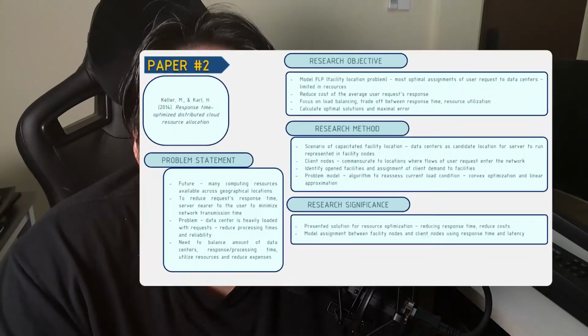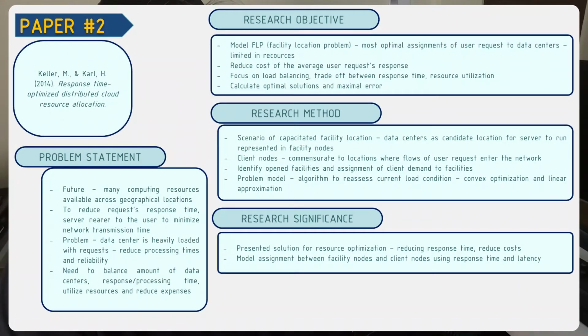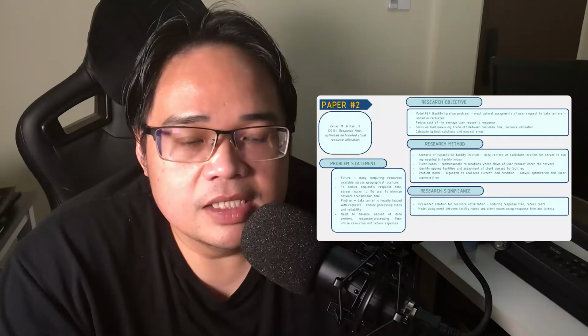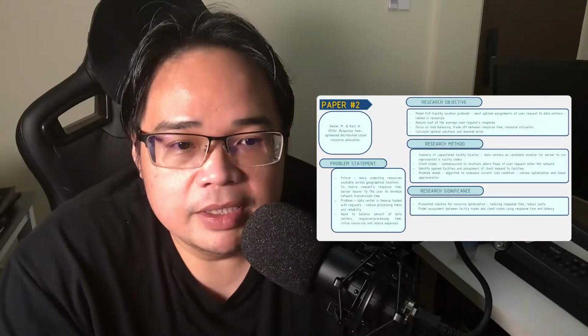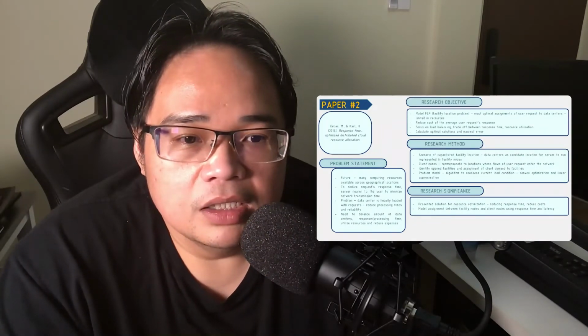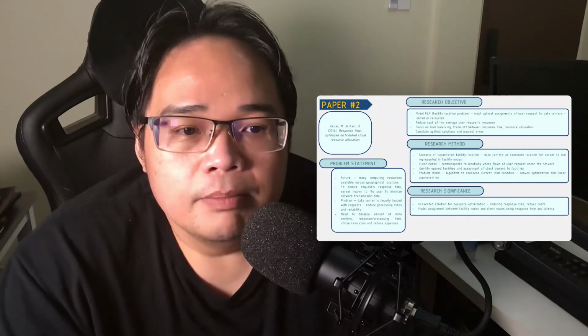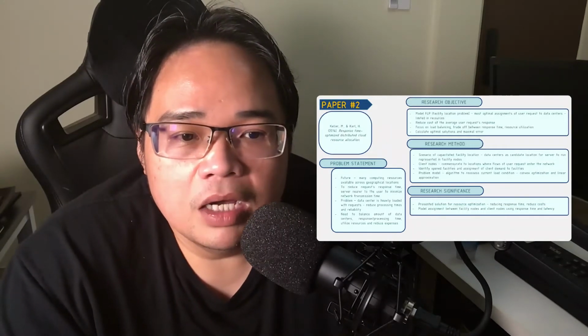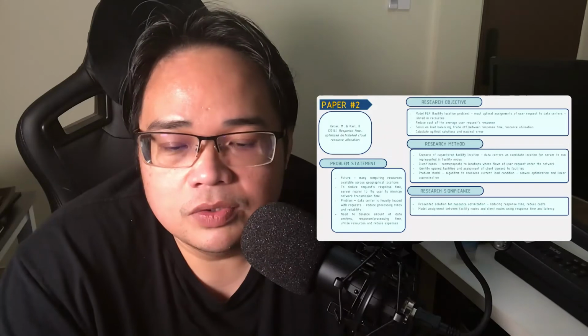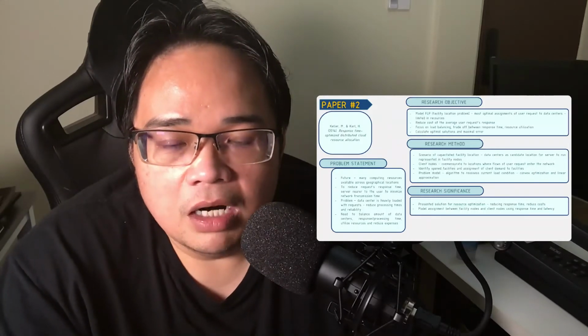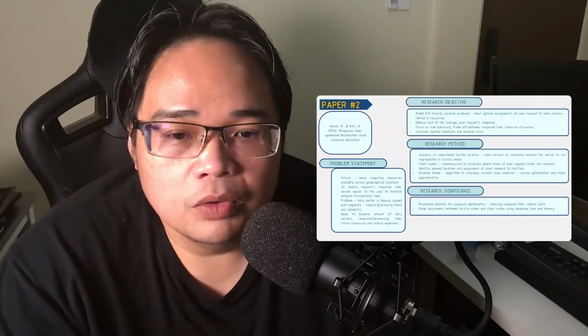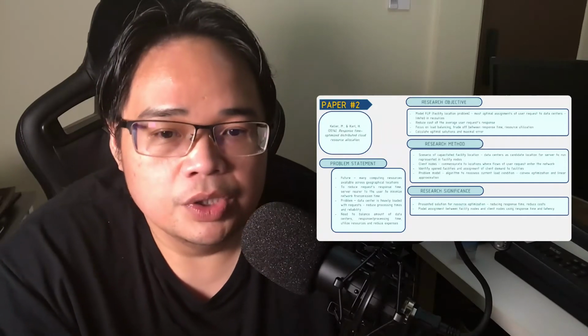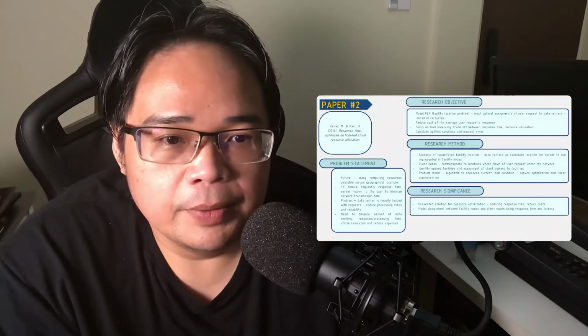In paper 2, the title is Response Time Optimized Distributed Cloud Resource Allocation. Basically paper 2 discusses the problem statement about the future, because in the future many computing resources will be available across geographical locations, meaning that when we do cloud computing there is always a cloud computing server that is closer to the developer.